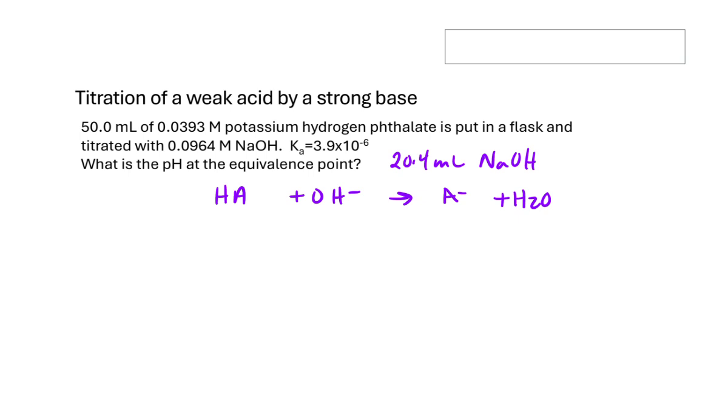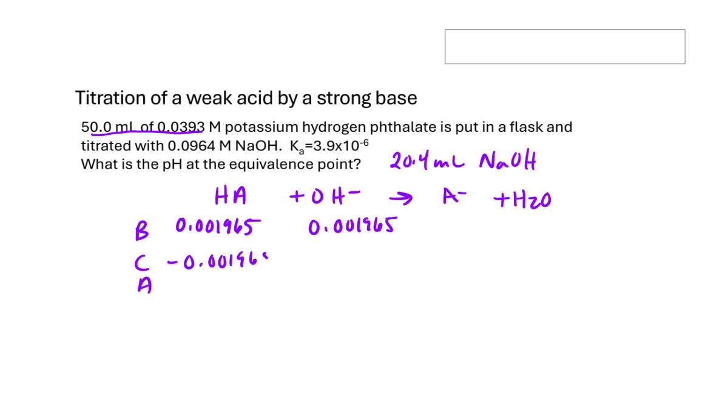Our initial moles, and again, we're thinking about doing a BCA table here, so we're going to use moles. Our initial moles of HA, based on this concentration and volume, was 0.001965. We know by definition, at the equivalence point, we've added 0.001965 moles of OH minus.